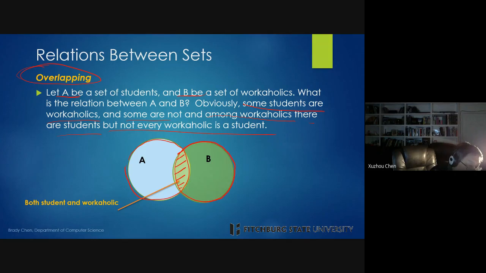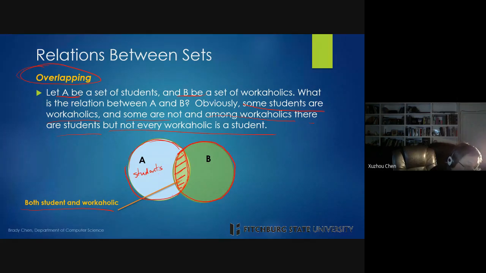So that overlap part is both. Every element in here is both a student and also a workaholic. So both student and workaholic, they belong to that area. Now in this area, that means they are students but not workaholics.